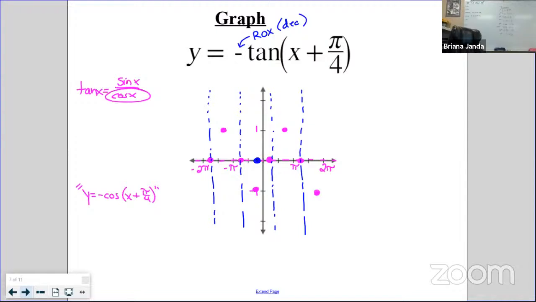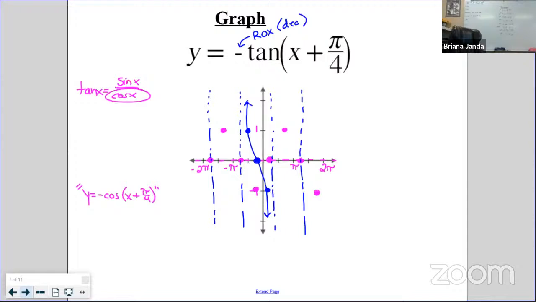But instead of going right halfway up one, I will go left halfway up one and make my graph decrease between the asymptotes. And an ROX of a tangent curve looks just like a cotangent curve, okay?